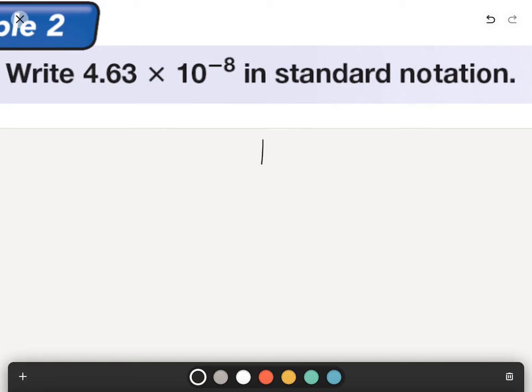So say we're starting with this number, but we've got 10 to the power of negative 8. So you're going to bounce that 8 times to the left. 1, 2, 3, 4, 5, 6, 7, 8. That's where your decimal will go. You put a 0 on the other side.